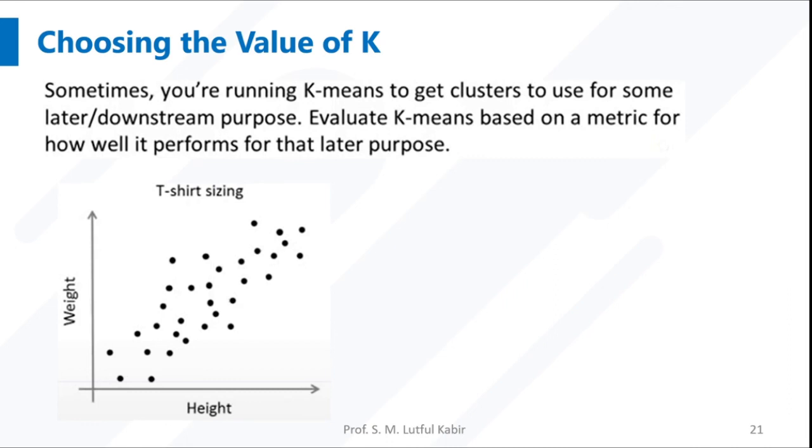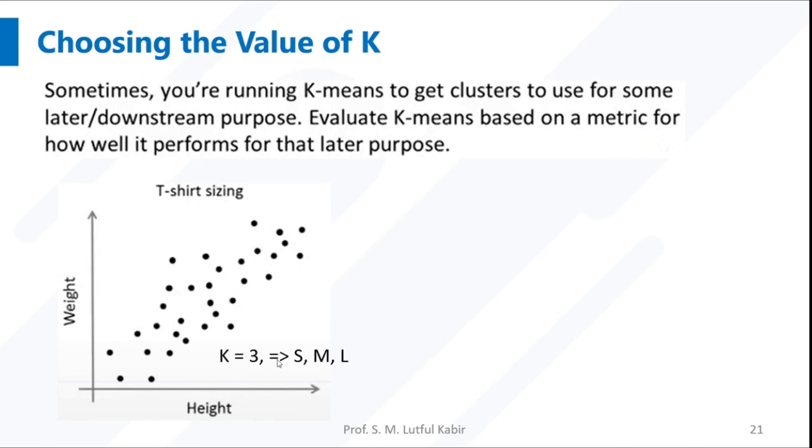As we discussed earlier, t-shirt sizing can be of your choice. You may have the choice of having 3 sizes of t-shirts, and somebody may choose 5 sizes. For example, if somebody chooses 3 sizes, then the sizes could be small, medium, and large.